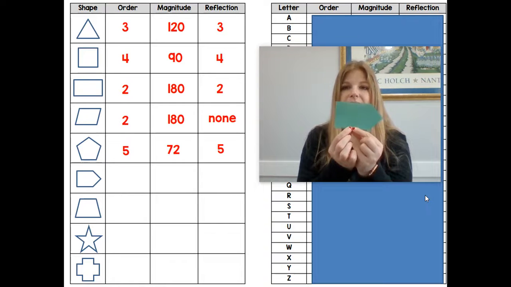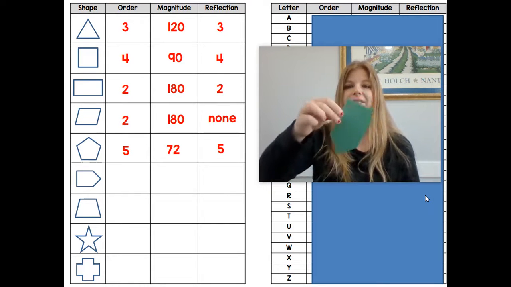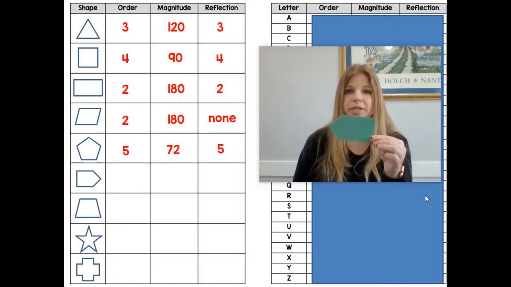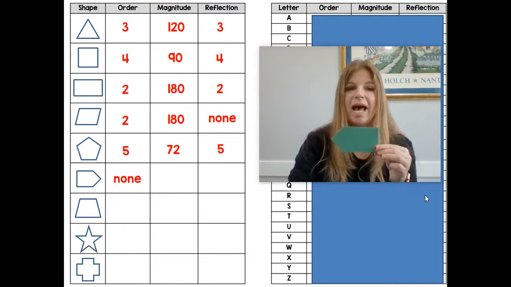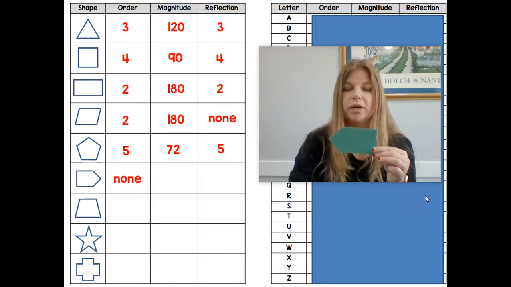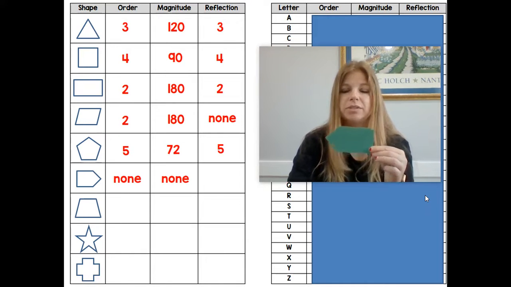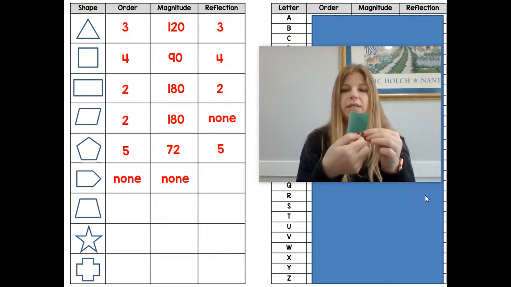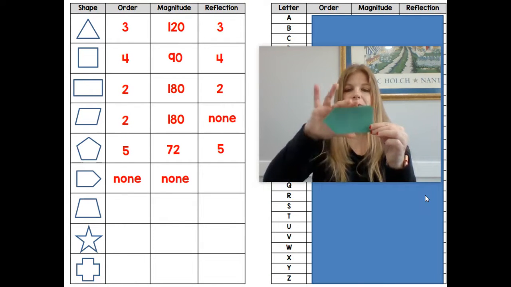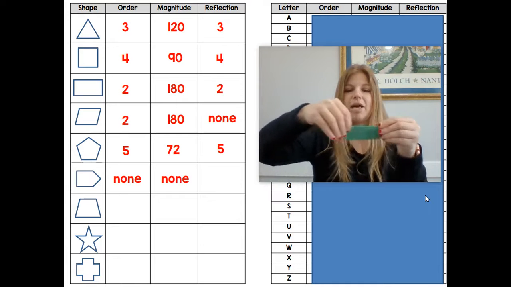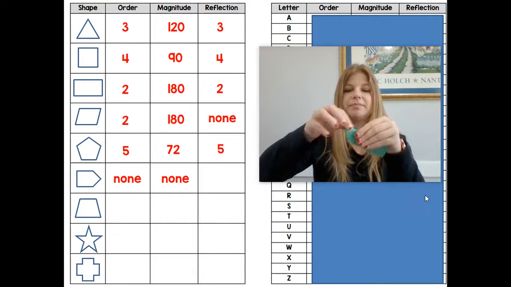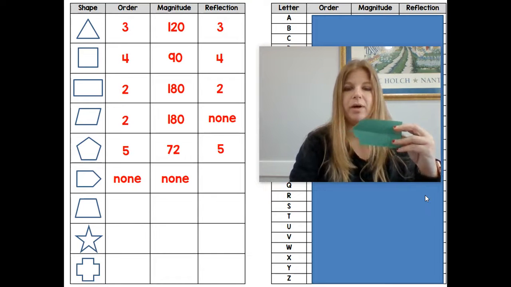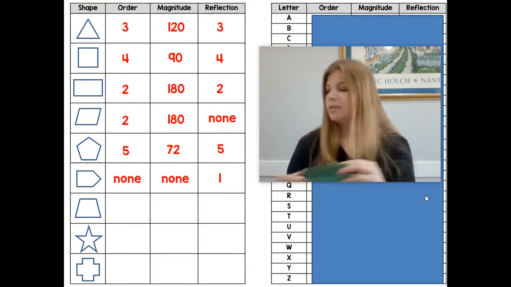So I'd have to rotate this figure 360 degrees just to get it to be exactly the way it was. And if you have to rotate something 360 degrees, then it has no rotational order. Therefore, it has no magnitude. Now, reflection lines. Reflecting it vertically is not so great, but reflecting it horizontally, if I reflect this pentagon like this, that would be my 1 line of reflection.